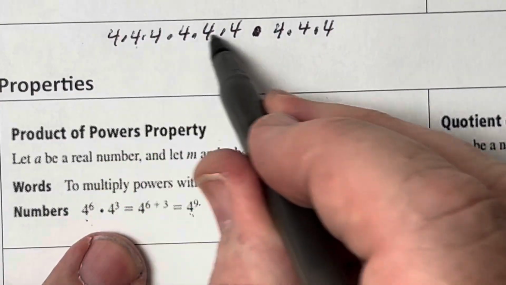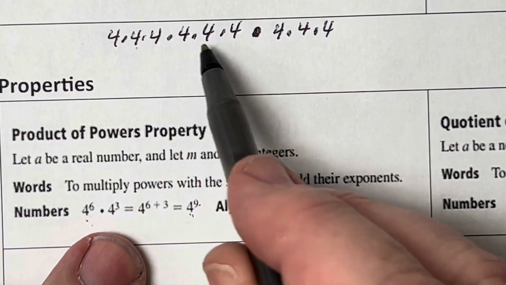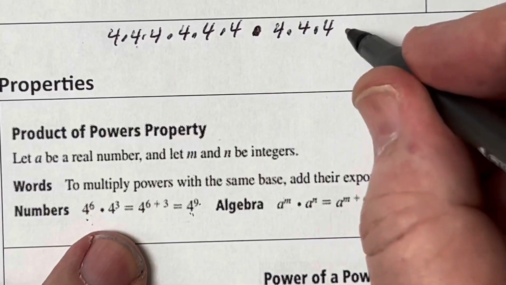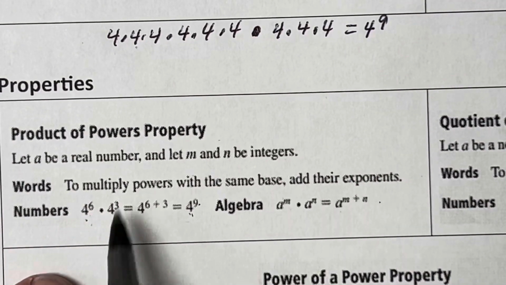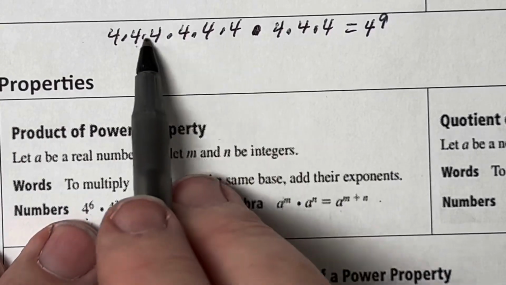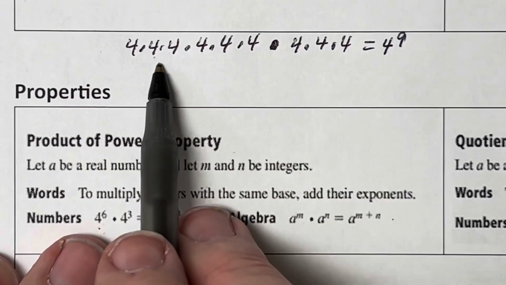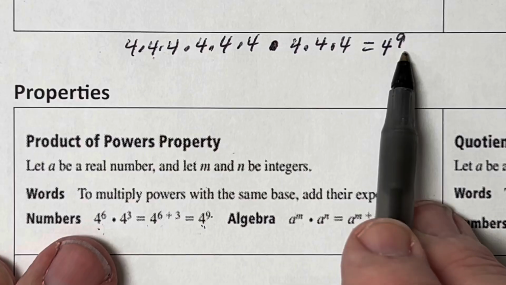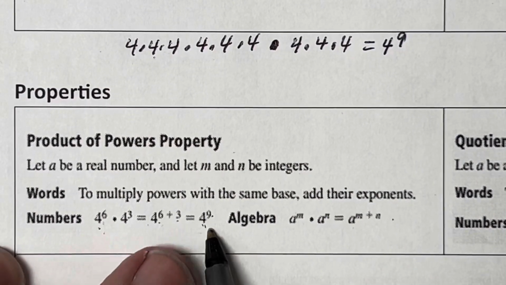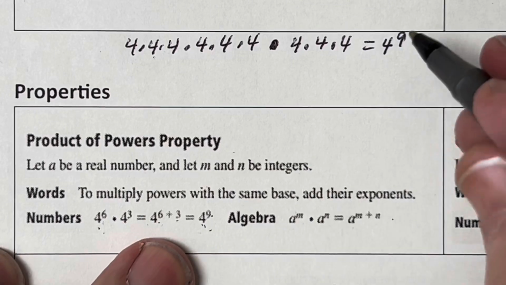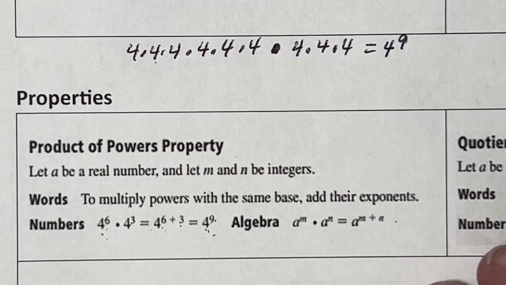If we combine all these, we have 1, 2, 3, 4, 5, 6, 7, 8, 9. That is 4 to the 9th power. So this rule is just a shortcut to avoid expanding them out, where you can just take your exponents, add them together, and get 4 to the 9th that way. And then you can evaluate it from there.